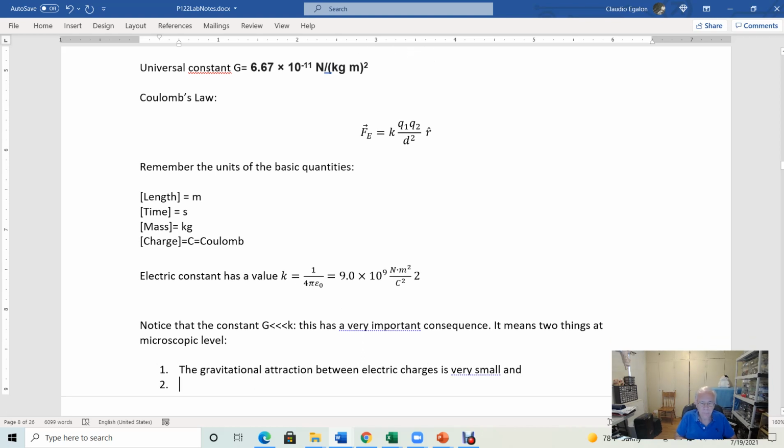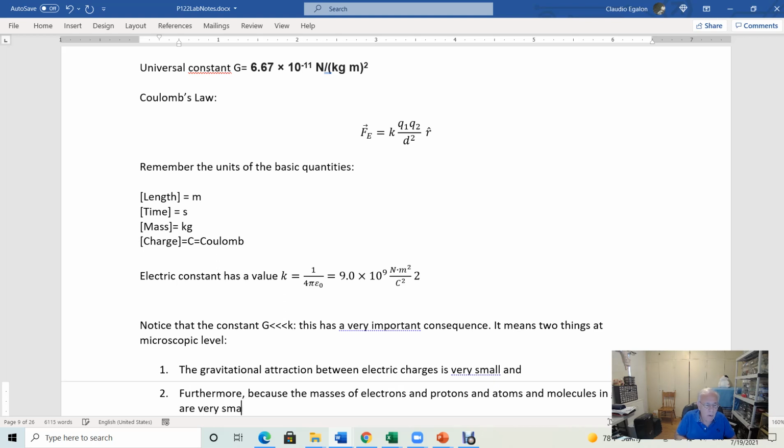And two, furthermore, because the masses of electrons and protons and atoms and molecules in general are very small, their weights are very small as well.